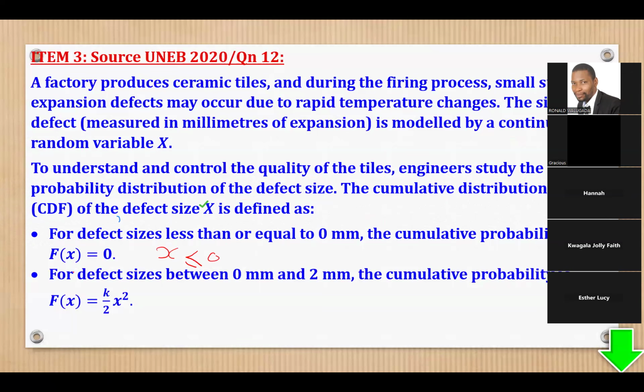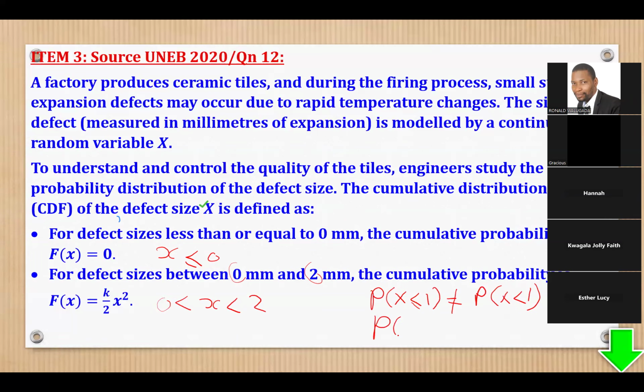For defect sizes between 0 and 2, this is the function. Under the bullets you saw that I wrote something, but I forgot to speak about it. In discrete, these two inequality symbols are not the same.